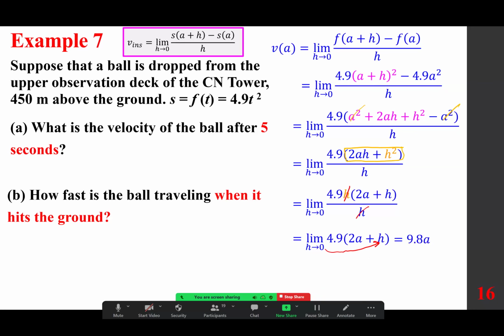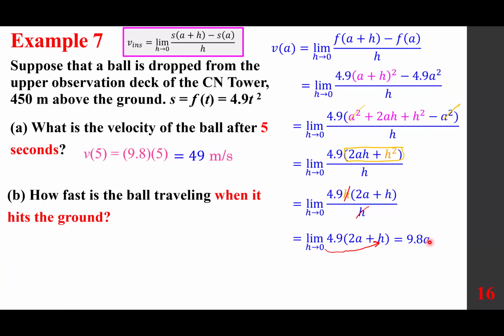What does it mean? After a seconds, the velocity is 9.8 times a. So after 5 seconds, replace a with 5. Their product is 49 meters per second.